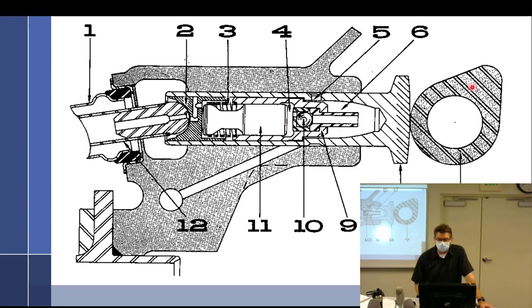That stays inflated as this comes around. Otherwise, it would just deflate, and then that wouldn't work. So it does that. The leak down past here comes through this little passage, fills up the cup, and this oil will leak and drip on the valve, oiling it. So it's all designed to do all of that.